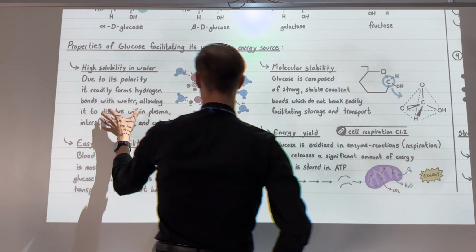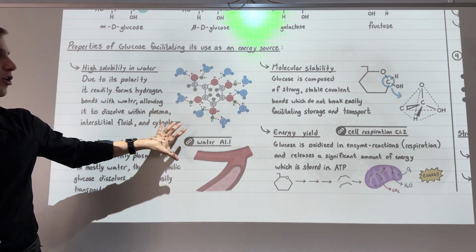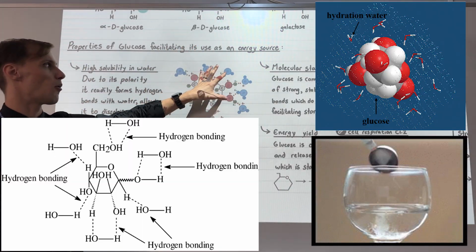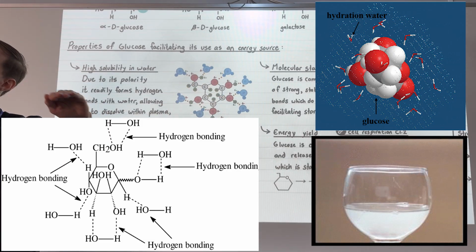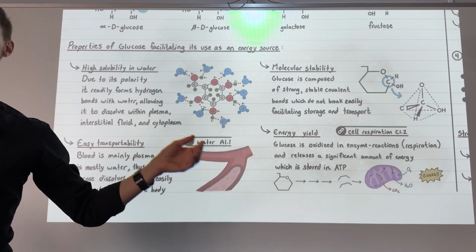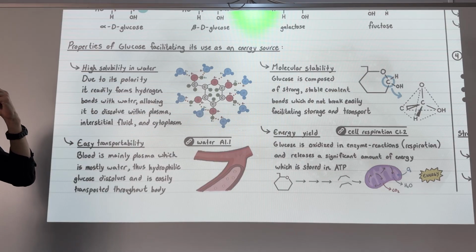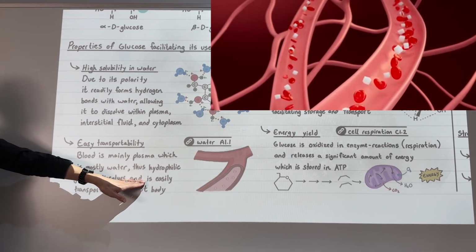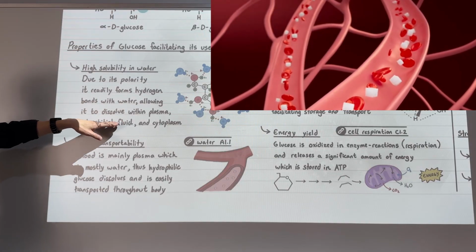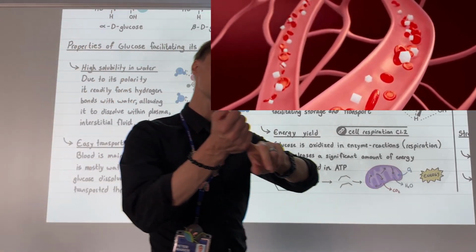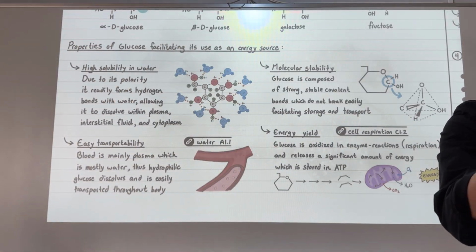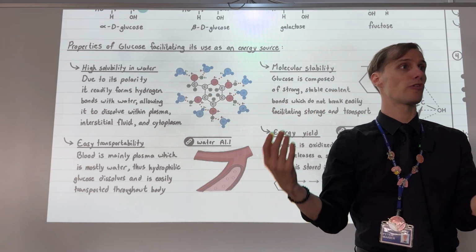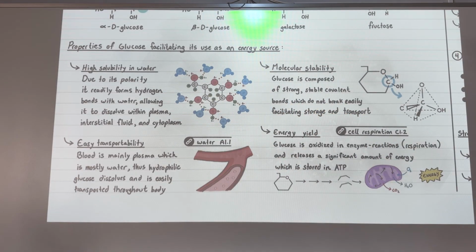So for one, as we've already discussed, the high abundance of hydroxyl groups here make it polar and thus very soluble in water. And that's relevant because it means that it has very good transportability. So it means that it's going to be able to dissolve within blood plasma, it's going to be able to dissolve within cytoplasm, which is mainly water, and it's going to be able to dissolve within the interstitial fluid, or the fluid in between cells and tissues.